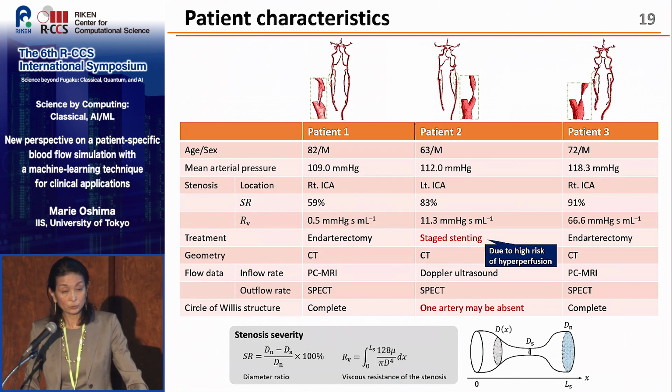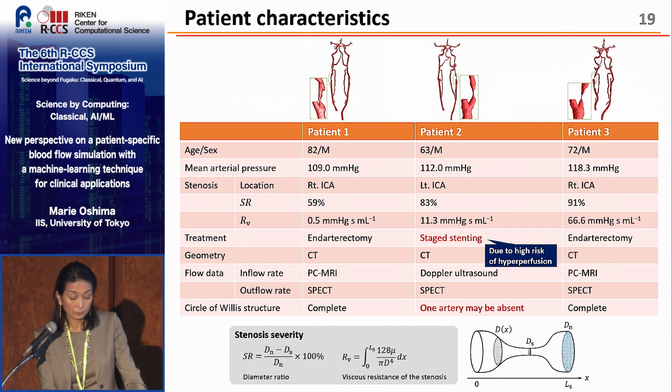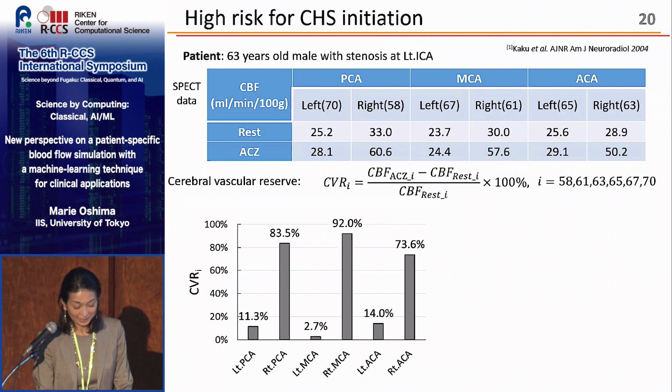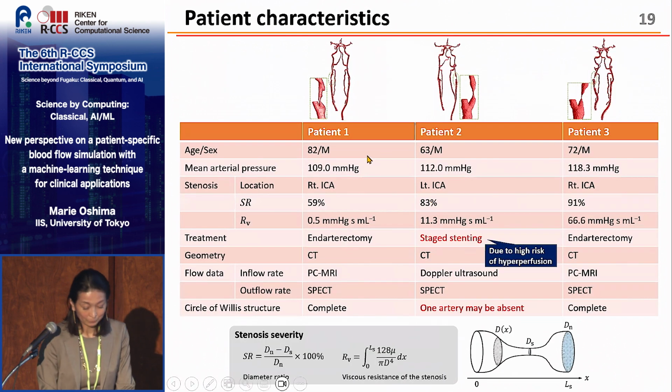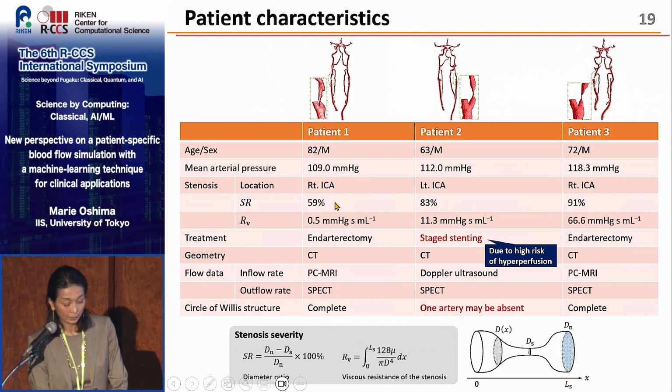Let me show you the results. We conducted uncertainty quantification using 3 patients. The first patient has a mild stenosis, and patient 2 has 83% stenosis, but had a high risk of CHS.